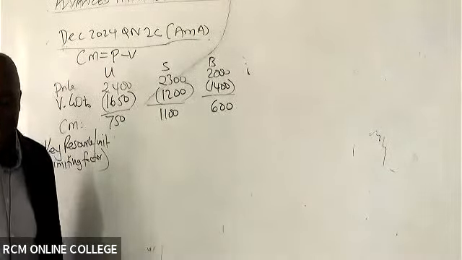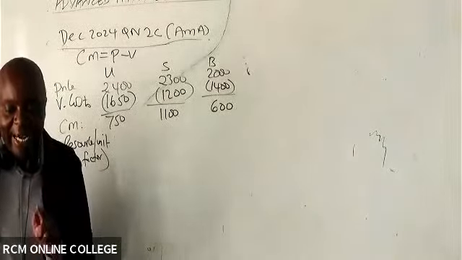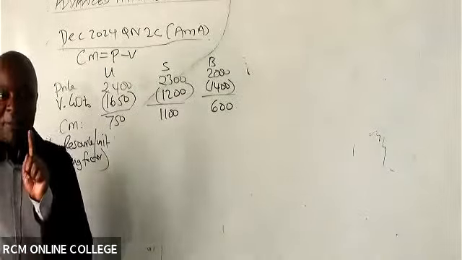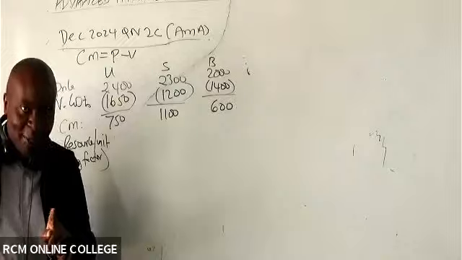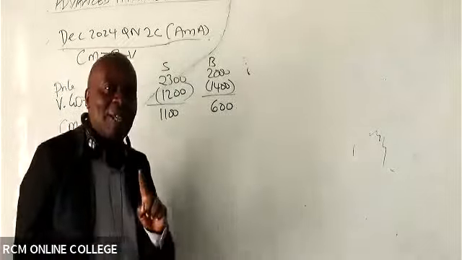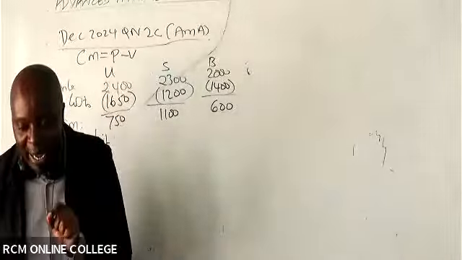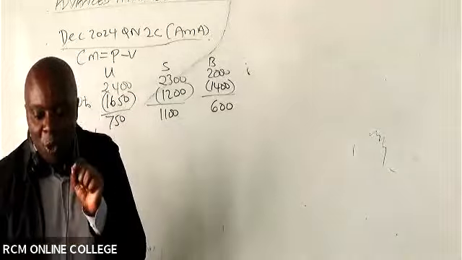Note number 3: they told us the total labor hours in the current period for the motherboard division are limited to 56,000. I can't use more than 56,000 hours, so labor hours are limiting. Go back to your original table.